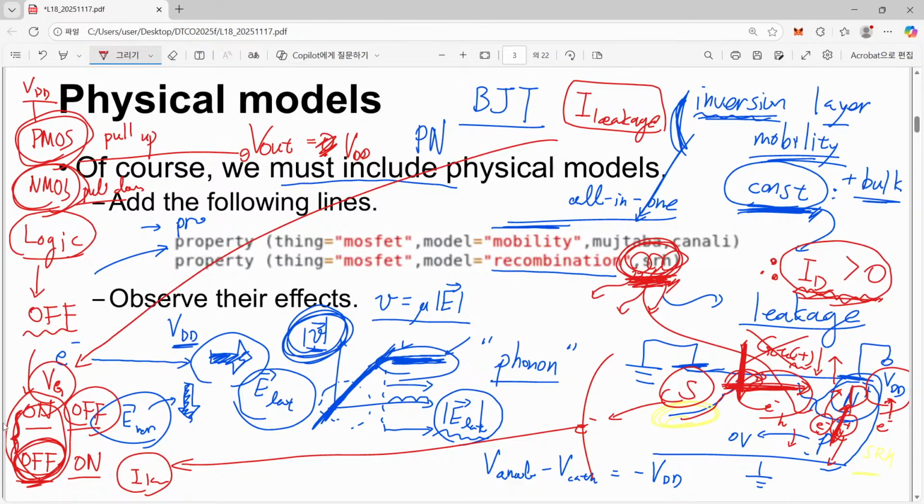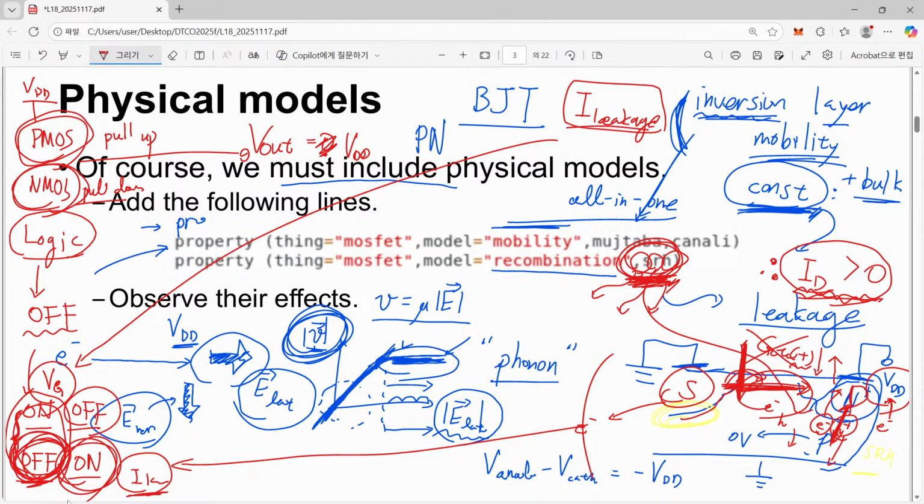Leakage current is fully controlled by only gate voltage. But if we are unlucky, or if we are not able to make successful devices, then even though we turned off our device with low gate to source voltage, we still have a leakage current.